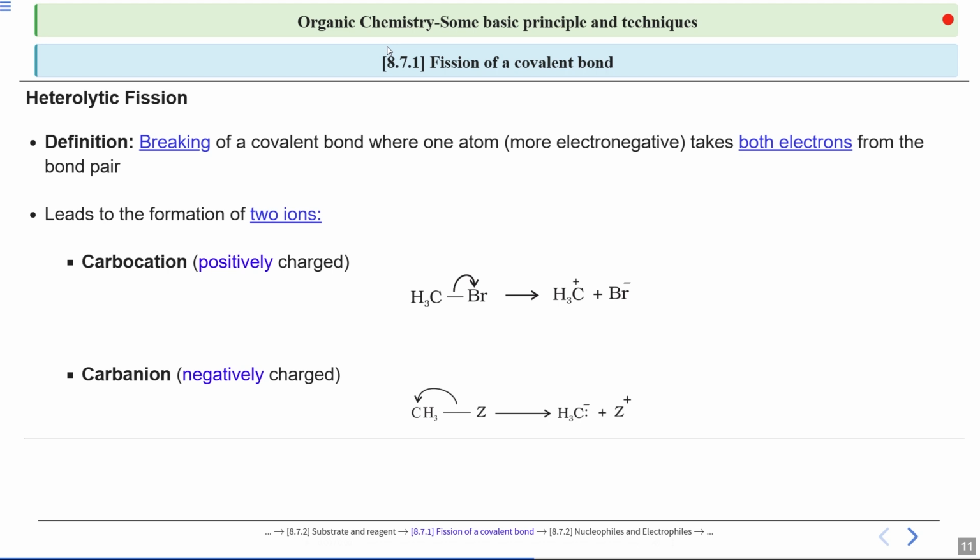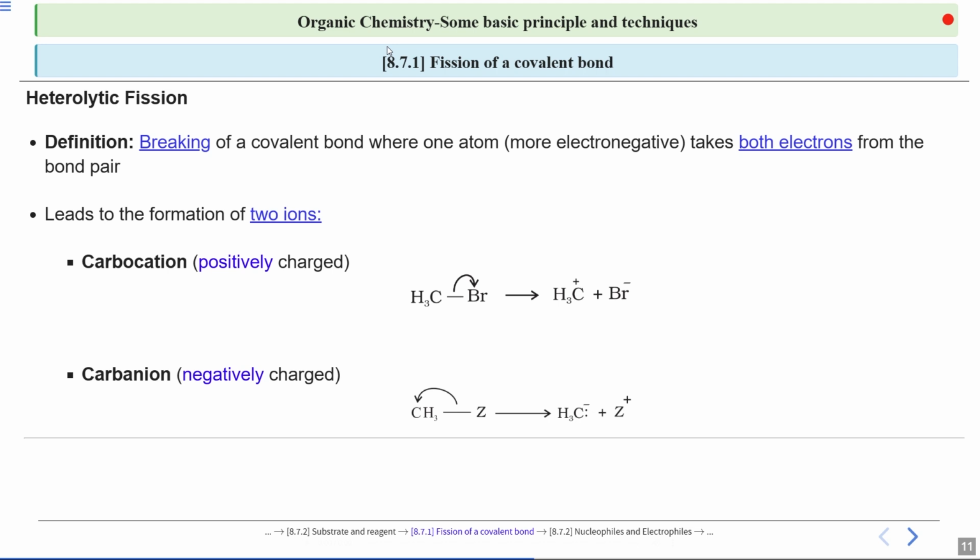Now you may ask why we don't see the same outcome in the case of the previous alkyl halide. That also had an unsymmetrical electron density distribution because the halogen is more electronegative. The reason lies in the way of breaking it. Here we must use a different condition. There we were using heat and light. Most probably you will be using a polar condition to break the bond in heterolytic fashion.